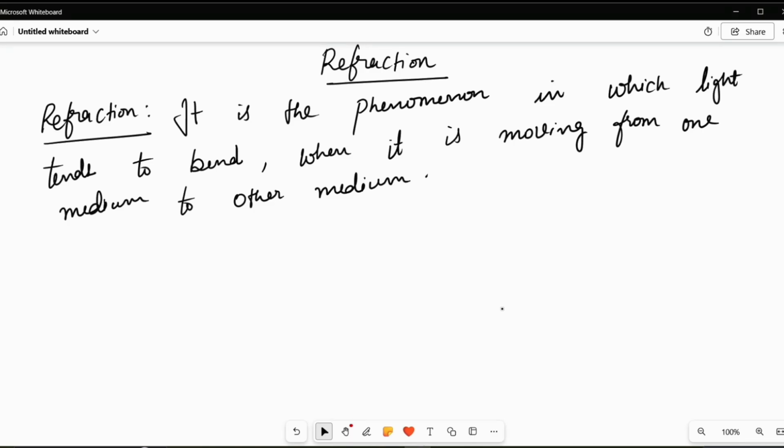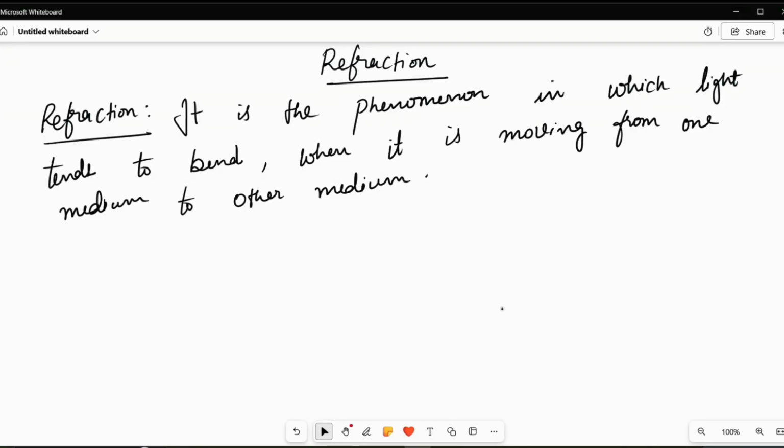So, what is the reason for the bending of the light? When light is moving from one medium to the other medium, the speed of the light mainly depends on the medium. The speed of the light will not depend on the frequency or the wavelength. The speed of the light depends on which medium it is traveling. When it is traveling in air or vacuum, it is around 3 into 10 to the power of 8 meters per second.